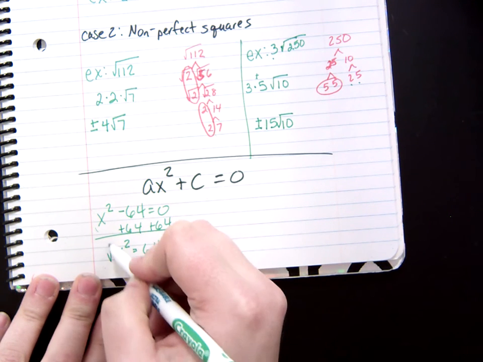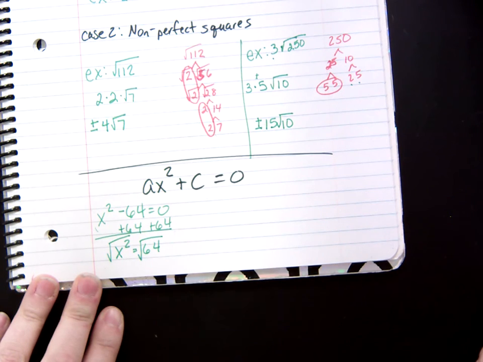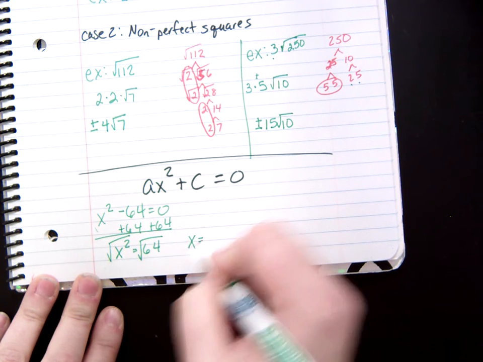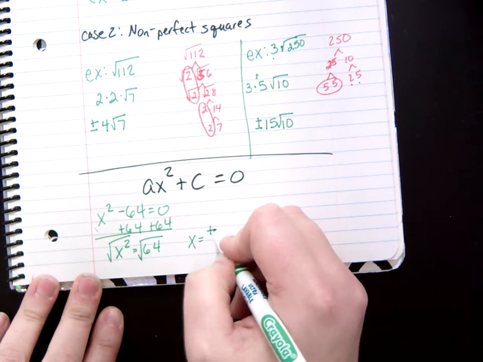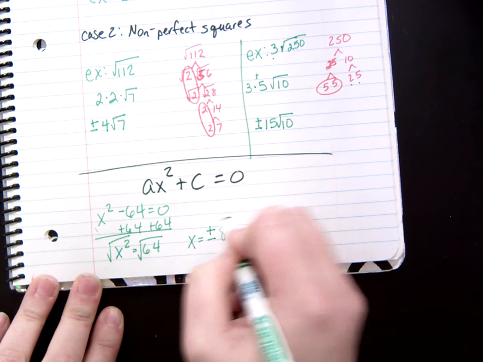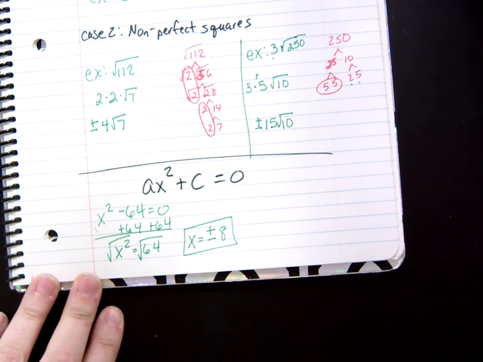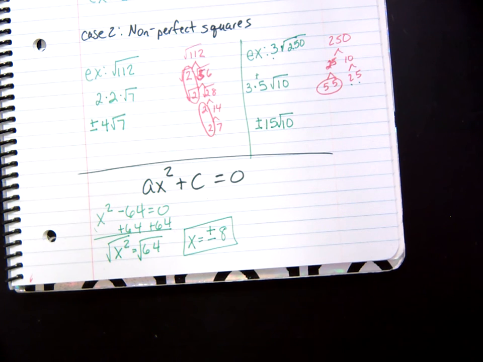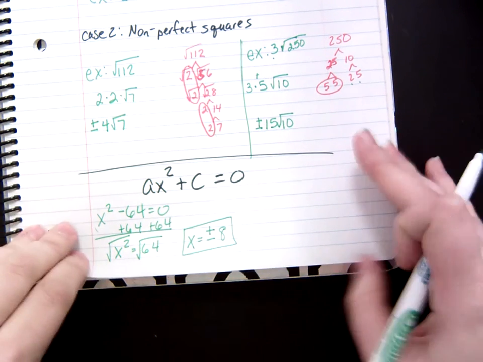Then you take the square root of both sides. 64 is a perfect square, so it's just positive or negative 8. That is my solution. So if you get a perfect square, that's all there is to it. But what happens if it's not a perfect square? Well, let me show you one.